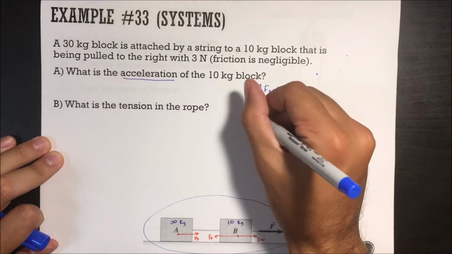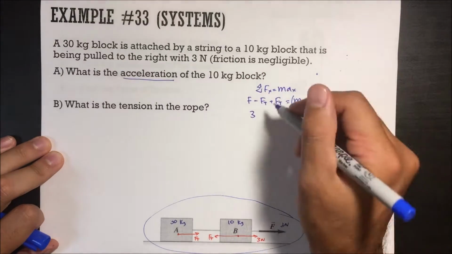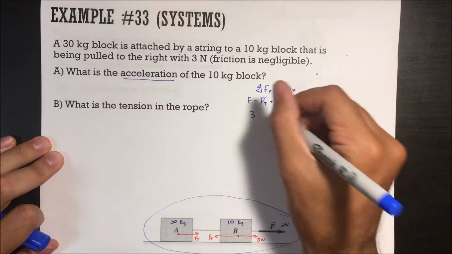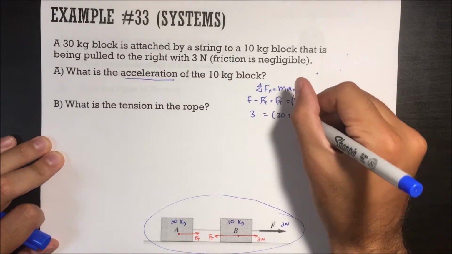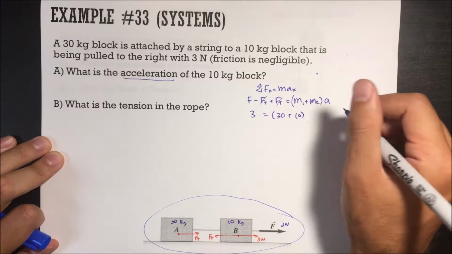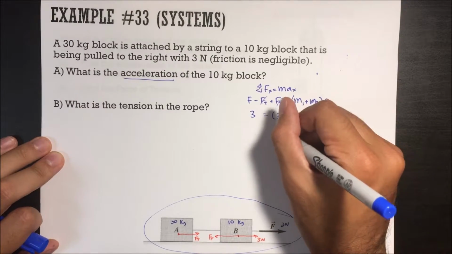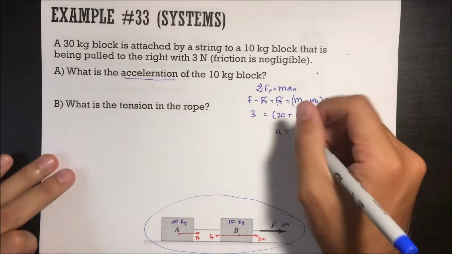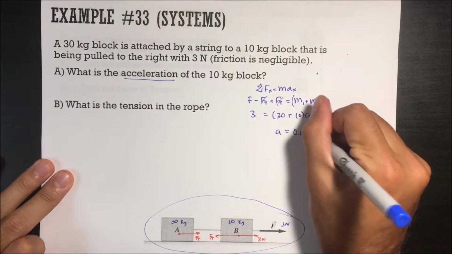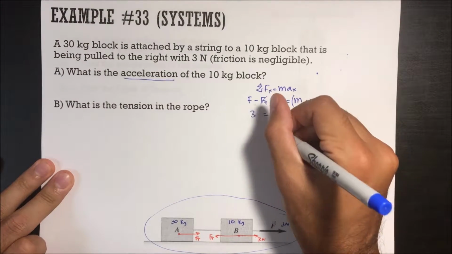So force, which is equal to 3, we don't know what the force of tension is but these two cancel out with each other, is equal to the mass of one, which is 30, plus the mass of the other, which is 10, times the acceleration, which we're looking for. Once we put it into our calculators, 3 divided by 40, we get 0.075 meters per second squared.